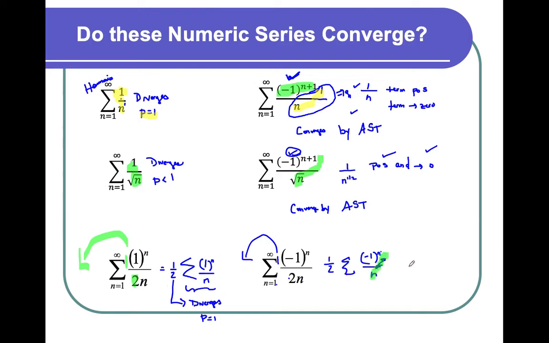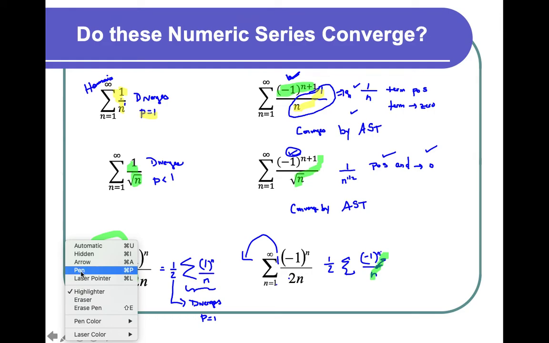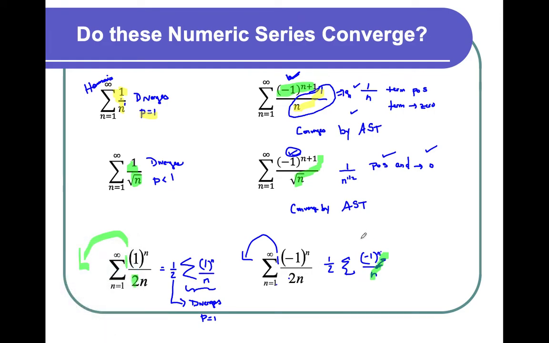1 over n, which diverges on its own, but you have your sign alternator. Your a sub n is 1 over n. Terms are positive, right? When you start putting in 1, 2, 3, 4, those are all positive, and the terms go to 0.